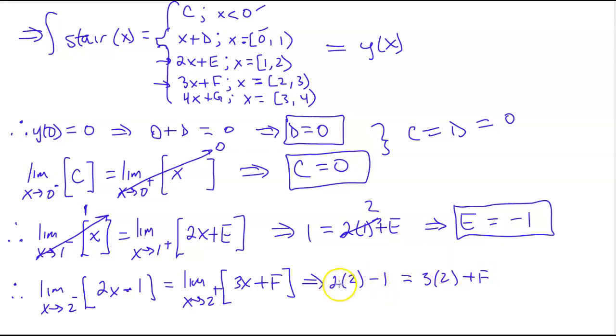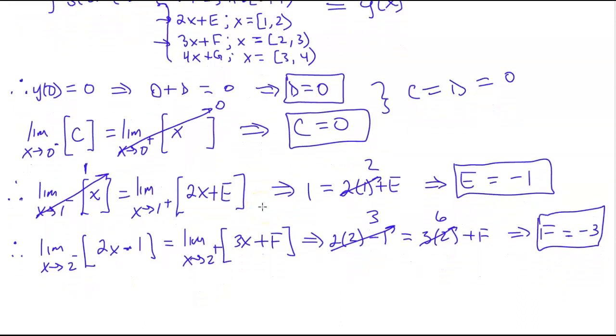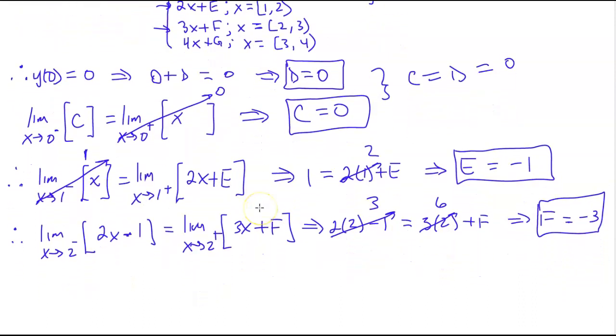On the left side, all of this will just end up being 3. This is 6. So this means that f will end up being -3. And then finally, we need to do this one last time for both of these pieces of the piecewise function.